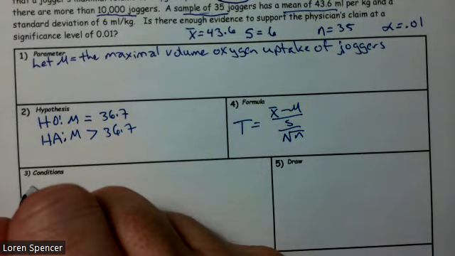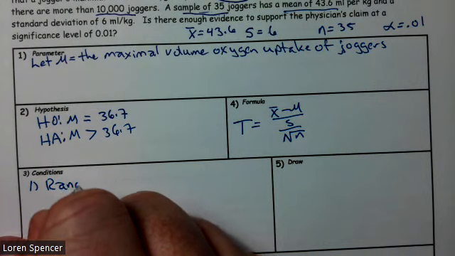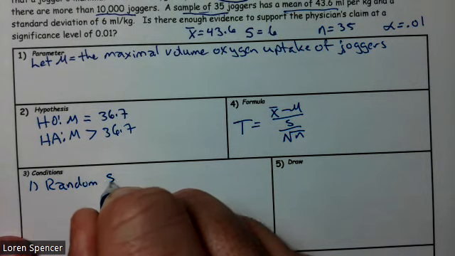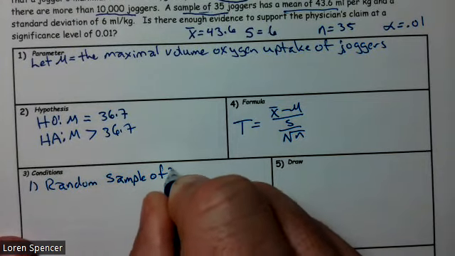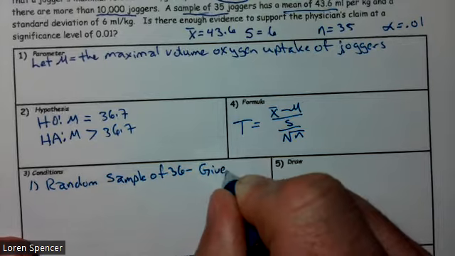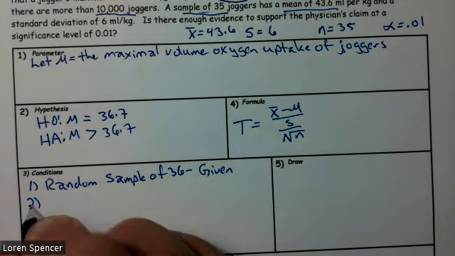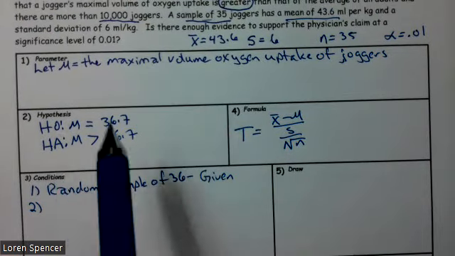The conditions. Well, the conditions for a hypothesis test are random sample. And they told us it was a random sample of, in this case, 36, and that was given. Then we need to check that n is less than 10%.